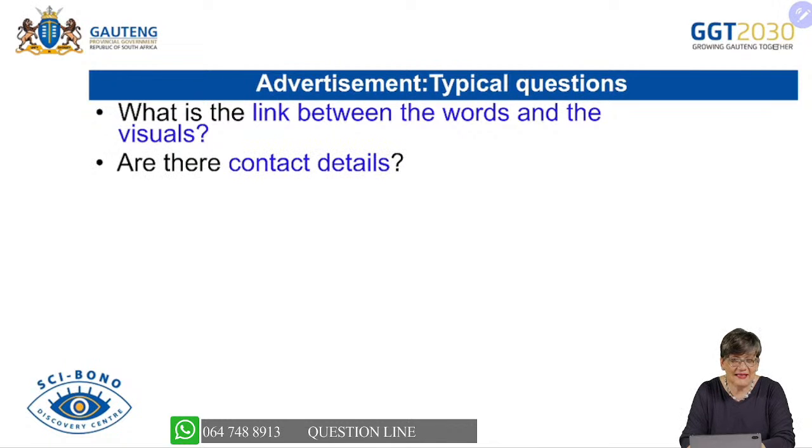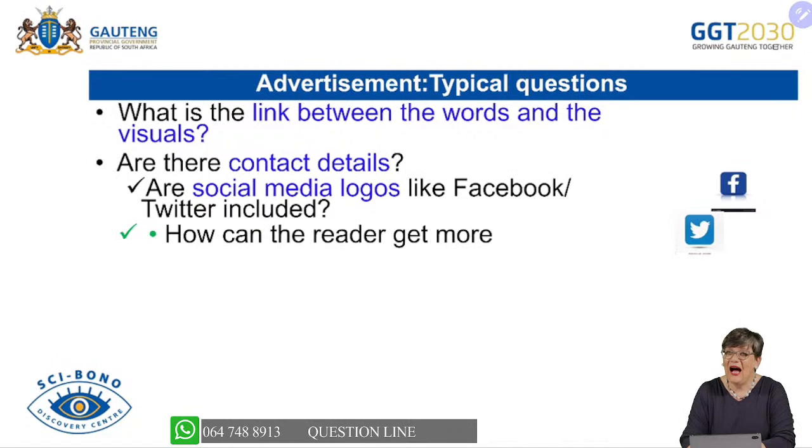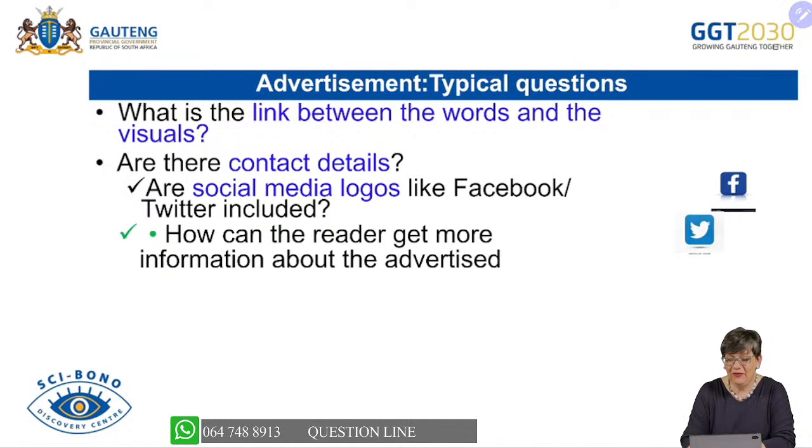Are there contact details? Are there social media logos included, like Facebook or even Twitter? How can the reader get more information about the advertised product? We love asking you this question. And we usually ask you to state 2 points.